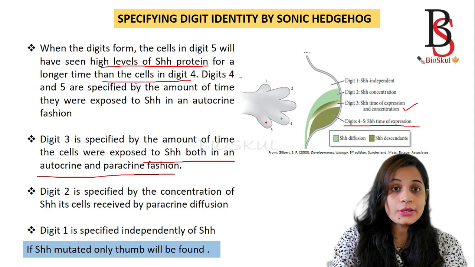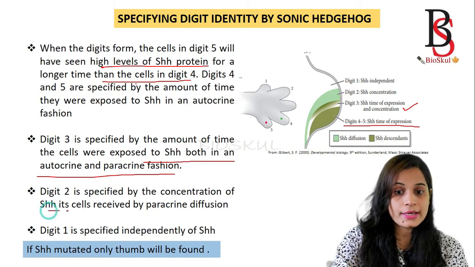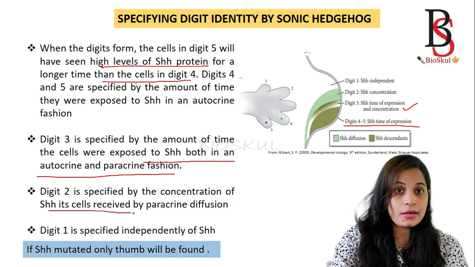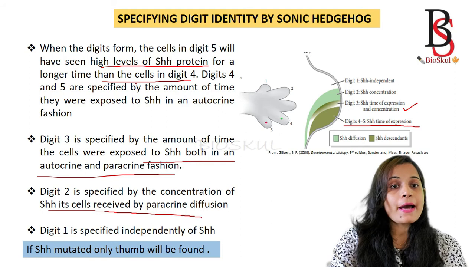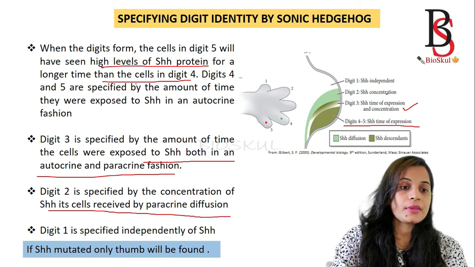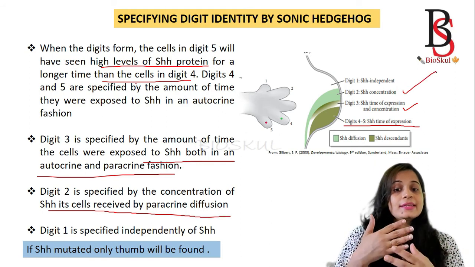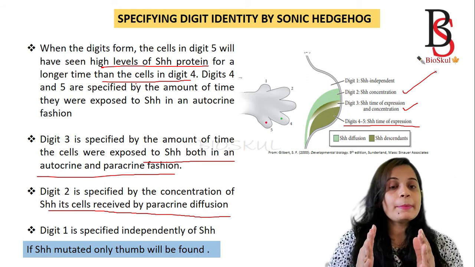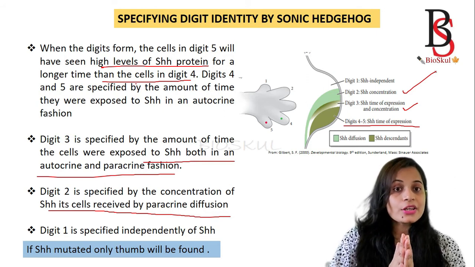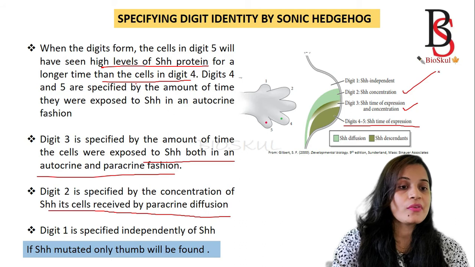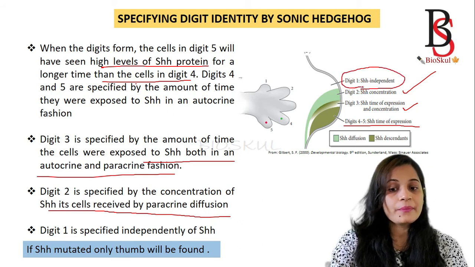Whereas digit 2 is specified by the concentration of sonic hedgehog protein the cell receives by paracrine diffusion. Whereas digit 1 is independent of sonic hedgehog protein.